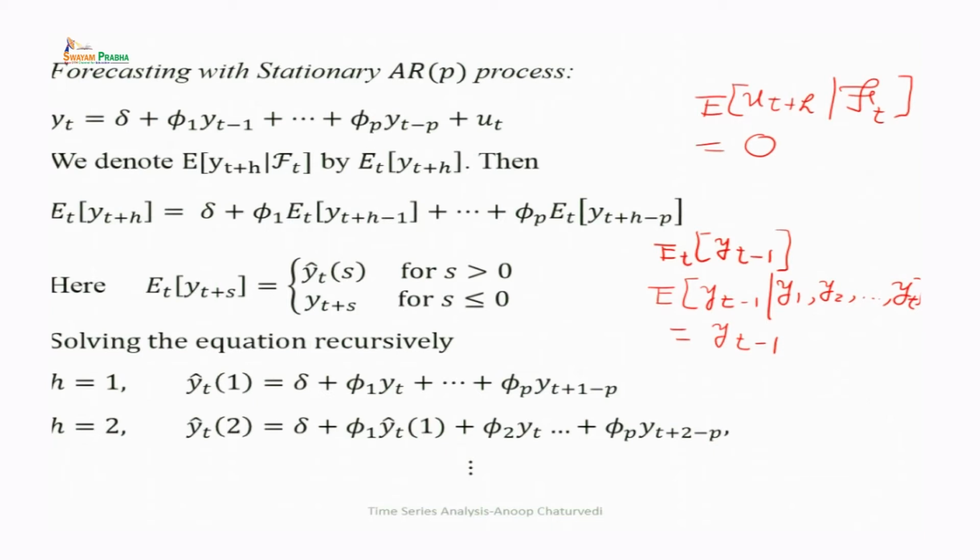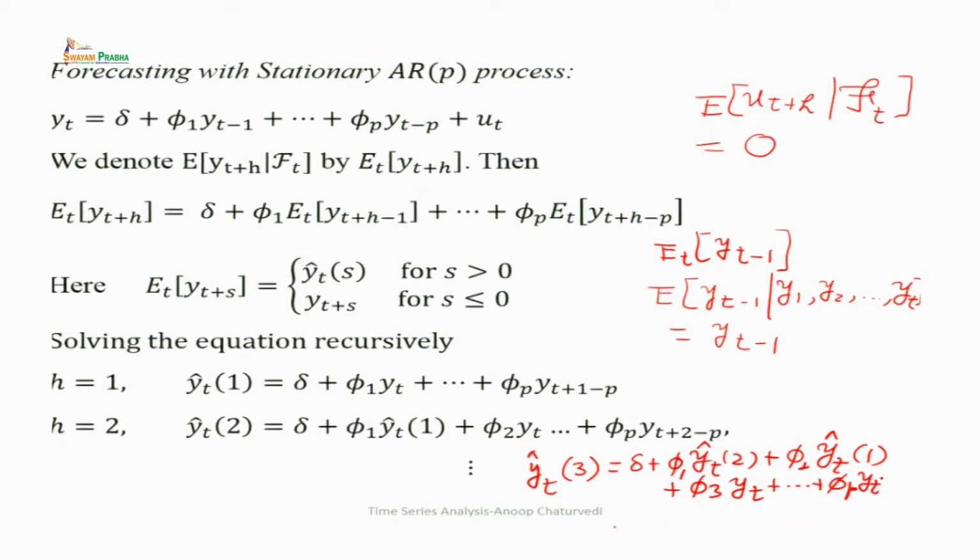Say for instance, y hat t 3 will be equal to delta plus phi 1 y hat t 2 plus phi 2 y hat t 1 plus phi 3 y_t plus so on plus phi p y_{t+3-p}.